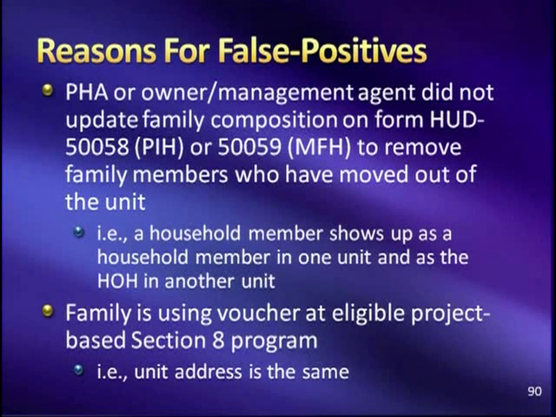Initially, it will not show up as duplicate assistance, but the minute that EOP transaction is deleted, remember EIV is looking for the occurrence of a Social Security number across 50058s and 50059s, so when they delete the EOP transaction in TRACS, it's gone. So the system doesn't know that this person is receiving duplicate assistance. The Office of Public and Indian Housing is working with multifamily housing to ask them to maintain the EOP 50059s in the current TRACS database so that those do not show up as false positives.